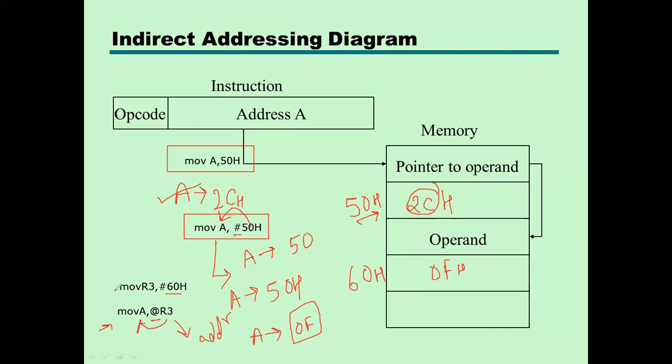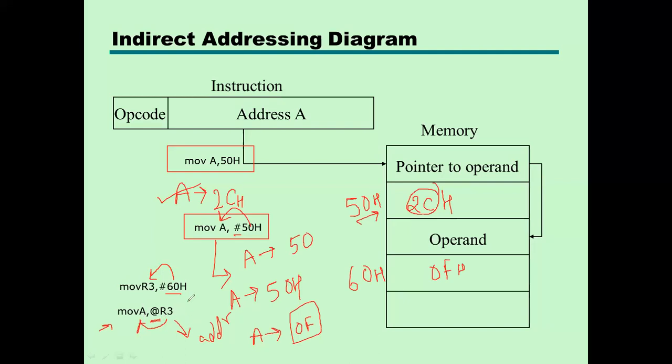Now this addressing mode is called the indirect addressing mode. In the first instruction, we directly load the number 60 into the R3 register, and later when we write the instruction move with at the rate, this at the rate indicates the indirect addressing mode.